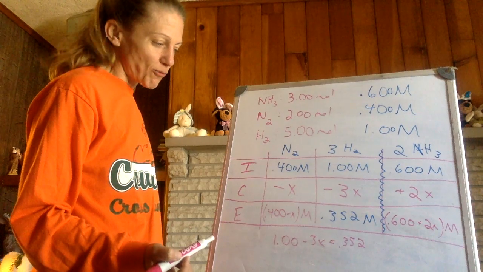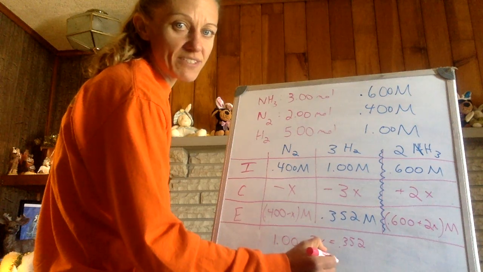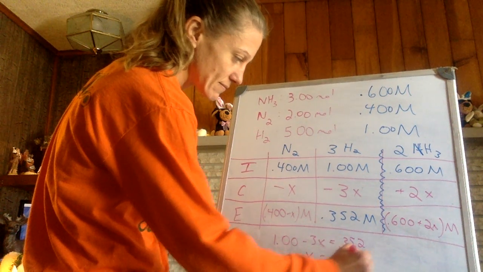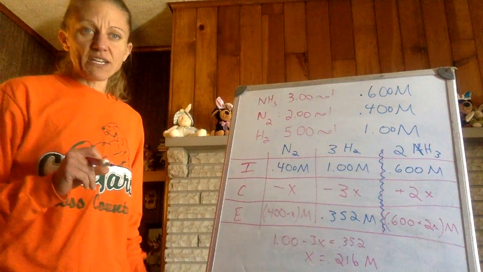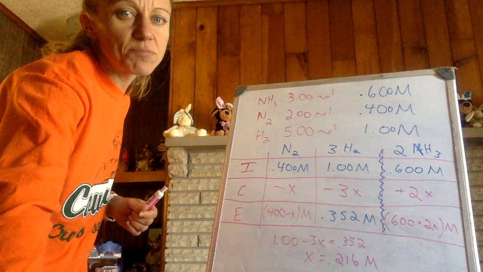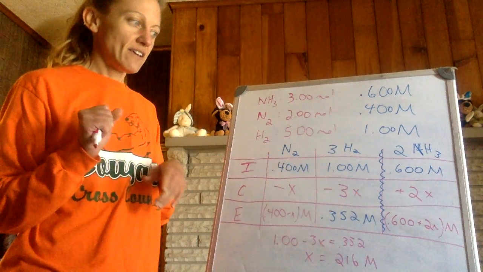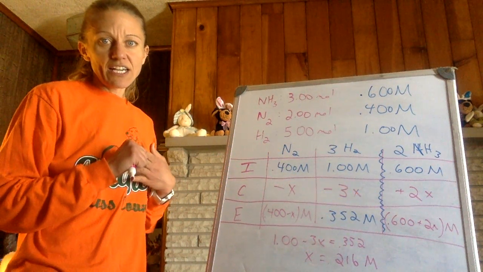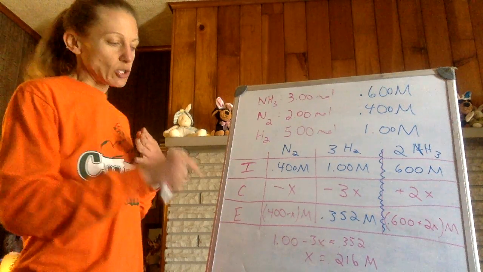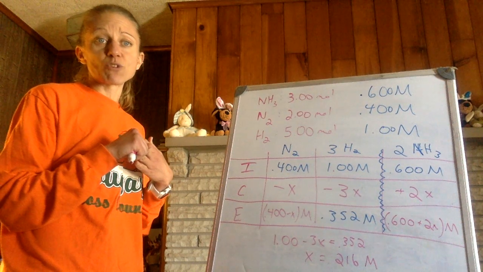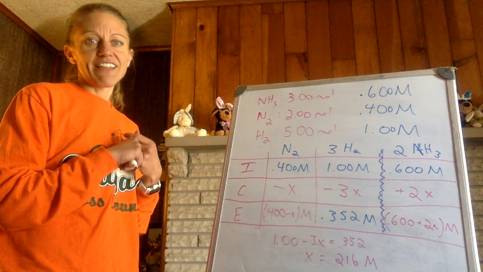It's a literal solve for X at this point, and I got X equals 0.216. That lets me solve for the other ones. As in your packet, 0.6 plus 2X gave me 1.03 for my new concentration of NH3, and losing X from my 0.400 gave me 0.184 for my molarity there.